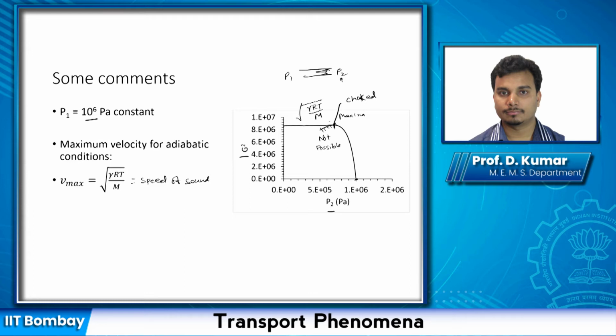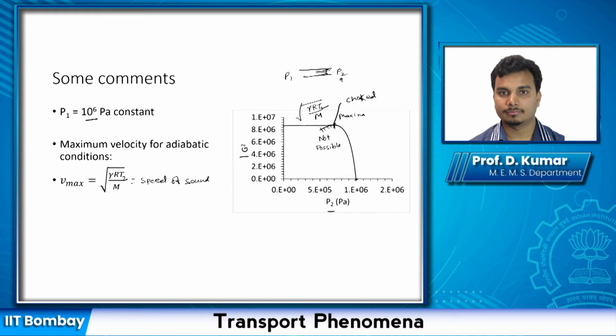You should note that this temperature has to be the local temperature. Wherever it is choked, and since it is likely to get choked here at the exit, it has to become gamma RT2 by M, so it has to be T2.